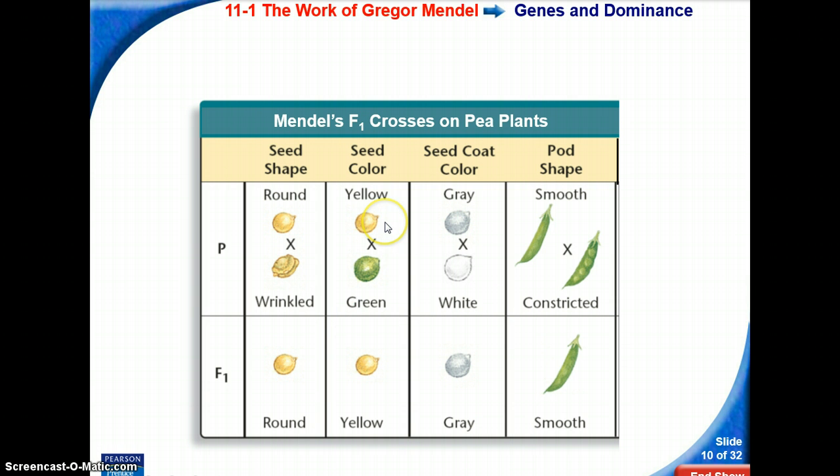If he crossed a true breeding yellow seed color with a true breeding green seed color, he would always get yellow. If he crossed a gray seed coat color with a white seed coat color, he would always get gray. And when he crossed a smooth pod with a constricted pod, he would always get the smooth pod.